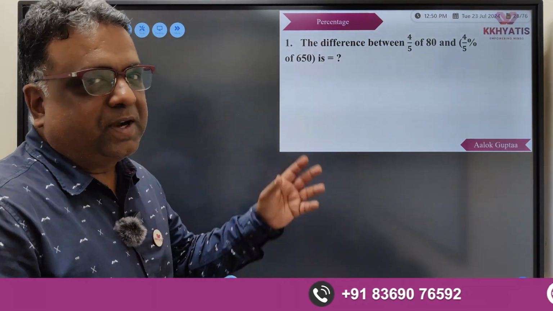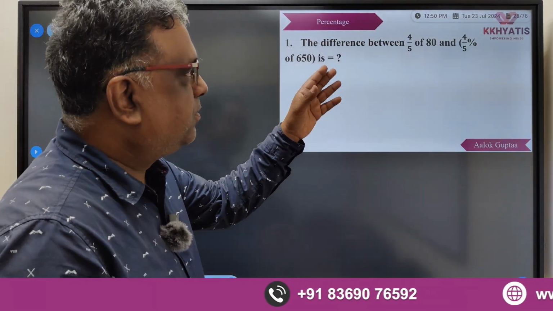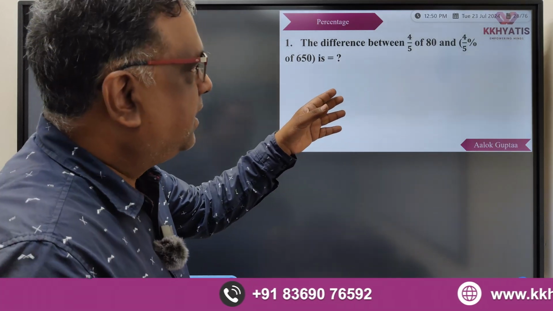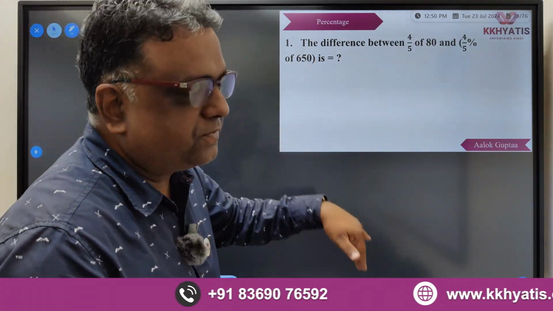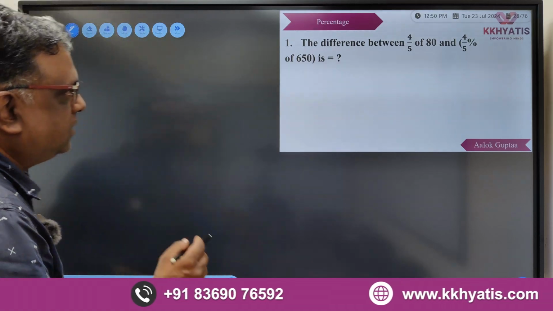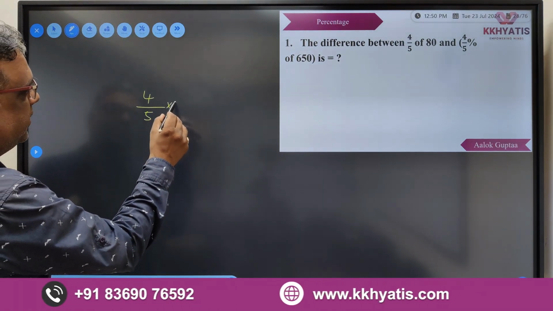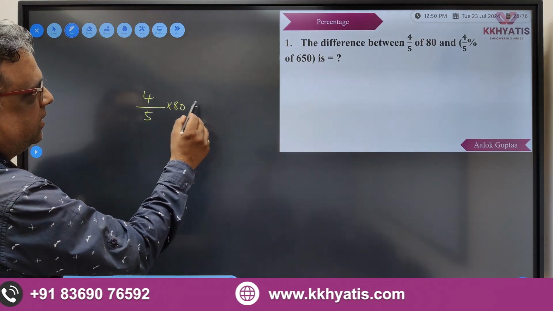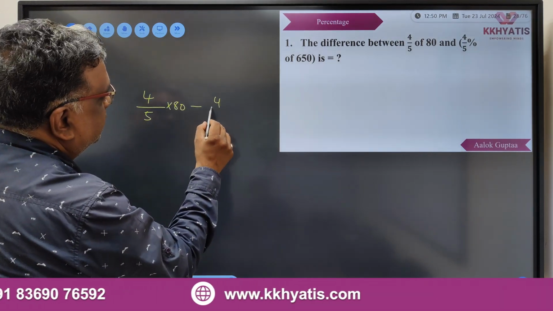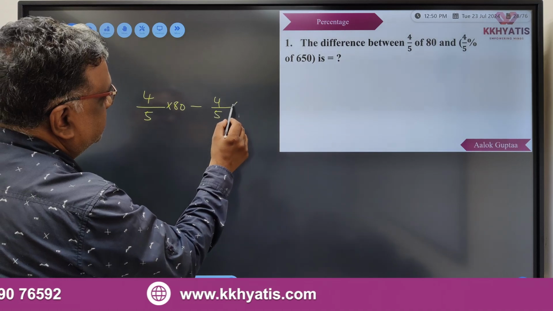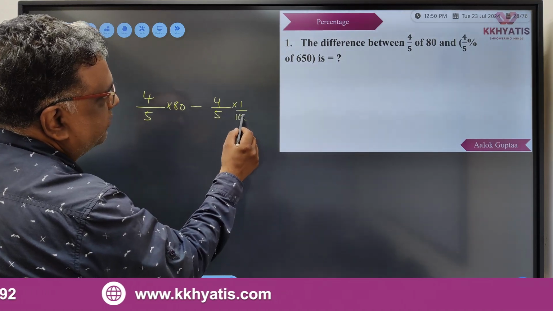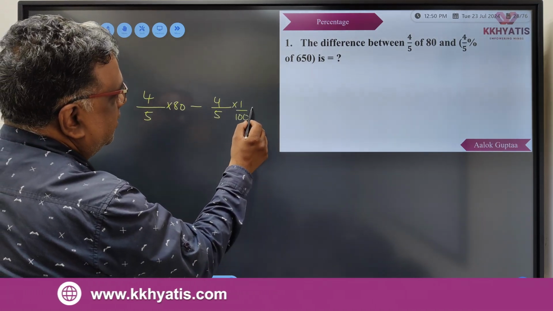Now we are supposed to find the difference between 4/5 of 80 and 4 by 5% of 640. How much is it? So I have to find 4/5 of 80 minus 4 by 5%. In percent, I divide by 100, converting into a fraction of 650.